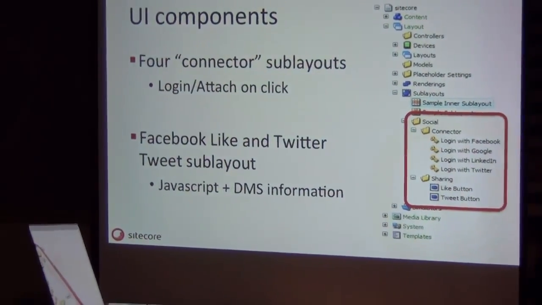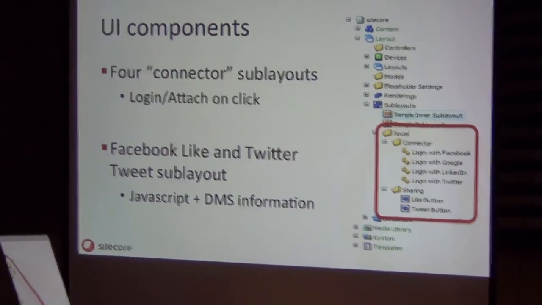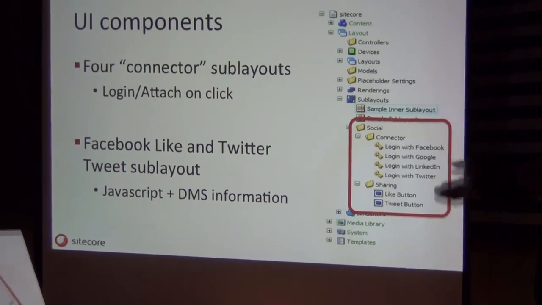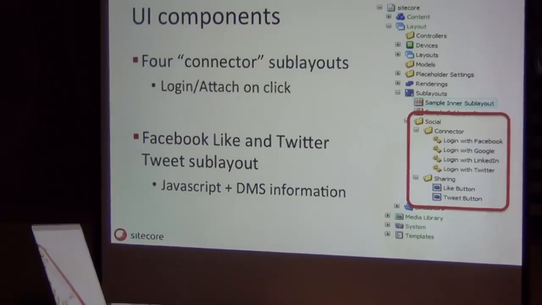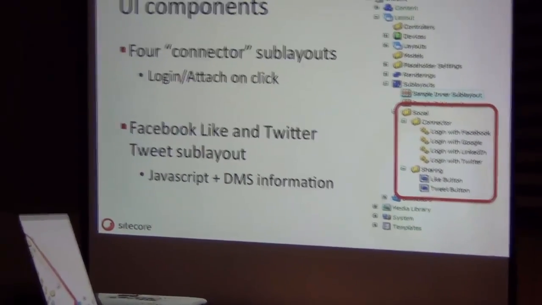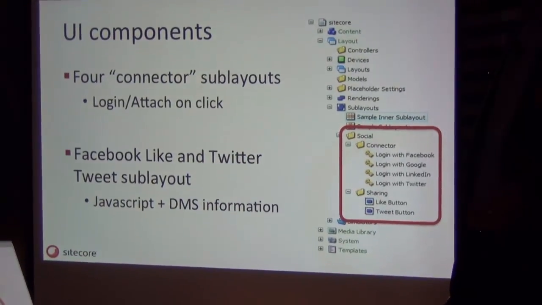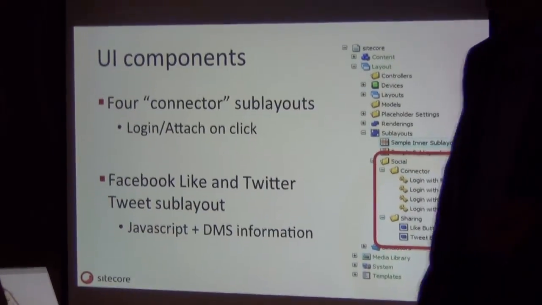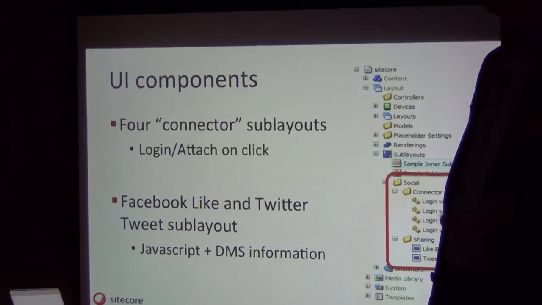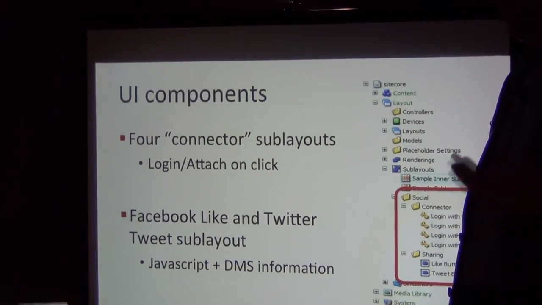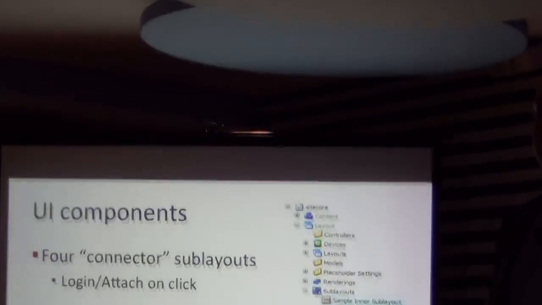A little bit of rummaging around in the ASCX files that come with this will show that the connectors either do a login or attach when you click the little logo. And the others, Facebook Like and the Twitter tweet button, are just a piece of JavaScript and a little bit of DMS information so we can track it.